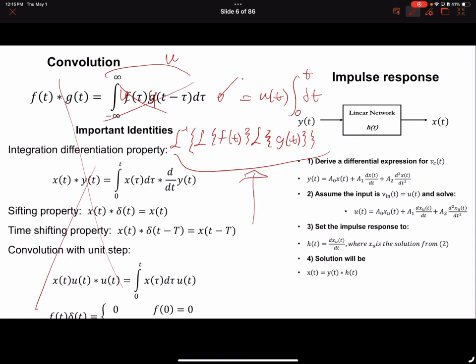Yeah, so like I said, there are also multiple ways to derive the impulse response. We learned one method, which was first solve for the unit step response. So basically assume that your input is a unit step, find the response, take the derivative of that, and that's your impulse response.